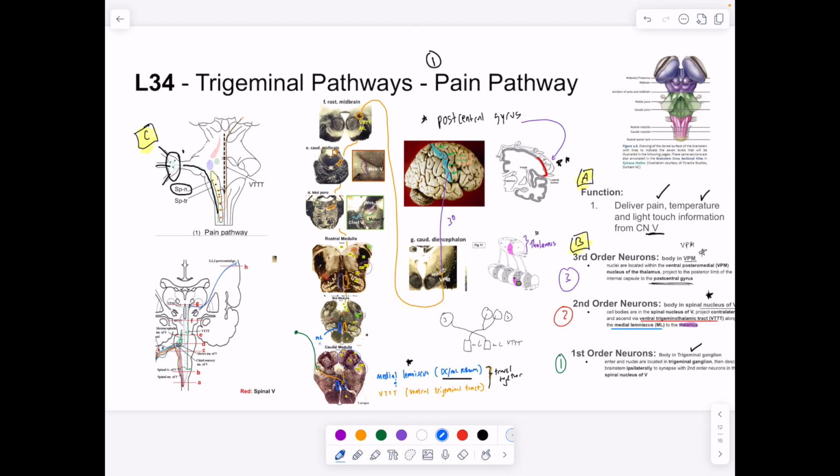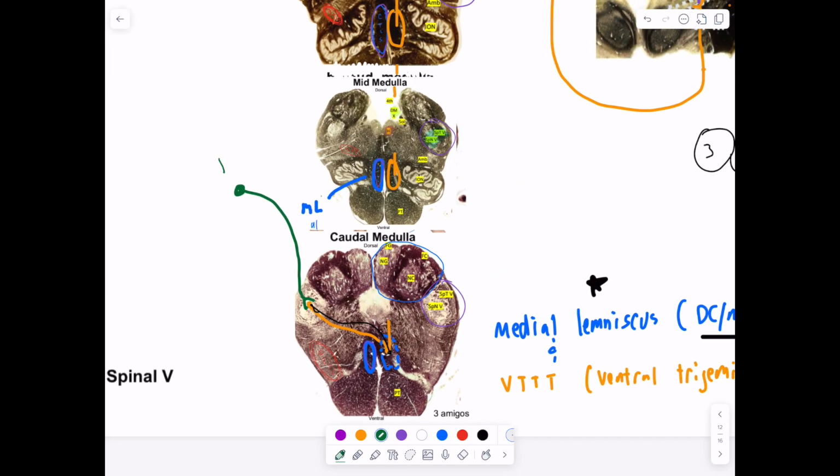So first off, the trigeminal ganglion is where our cell body is, and it has its senses coming out here. Maybe it's part of V1, maybe V2, maybe V3. So it has these little dendrites, and now its axons are coming down, and right here is the spinal tract of 5, so it's coming down this, and then it's going to synapse in the caudal medulla.